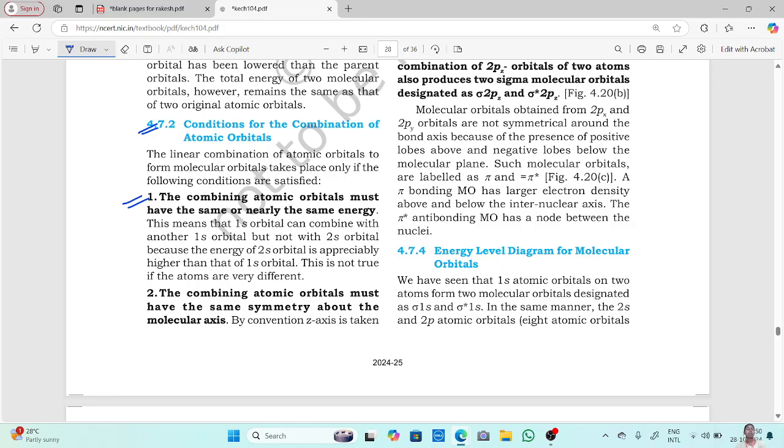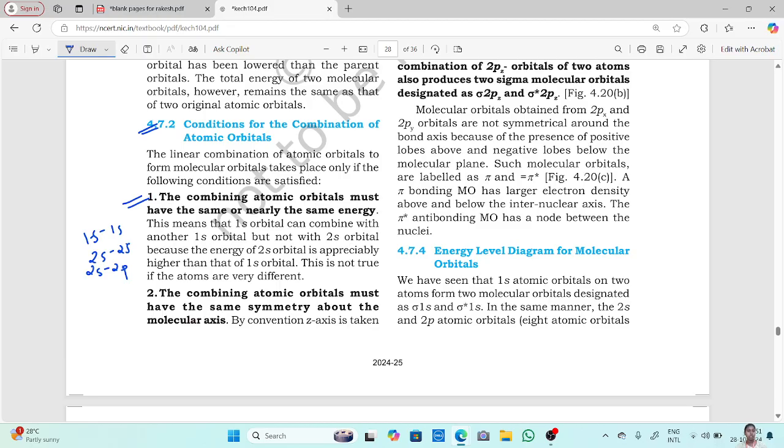In short, you can combine atomic orbitals of the same or nearly the same energy. The same means 1s can combine with 1s, 2s can combine with 2s. Nearly the same means 2s can combine with 2p. So these are the same or nearly the same energy levels.